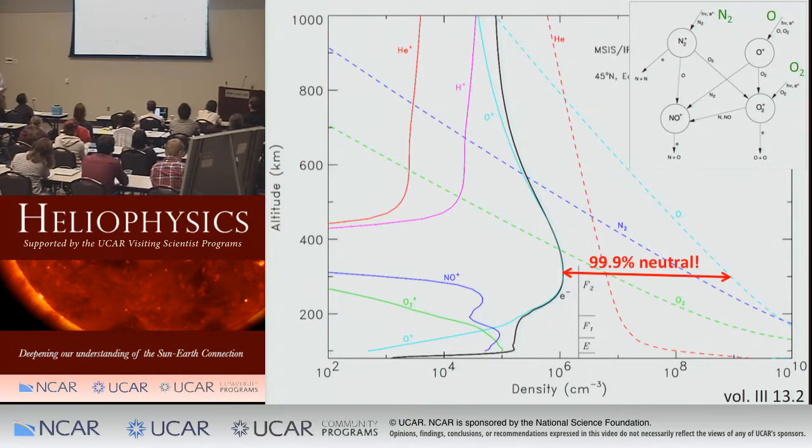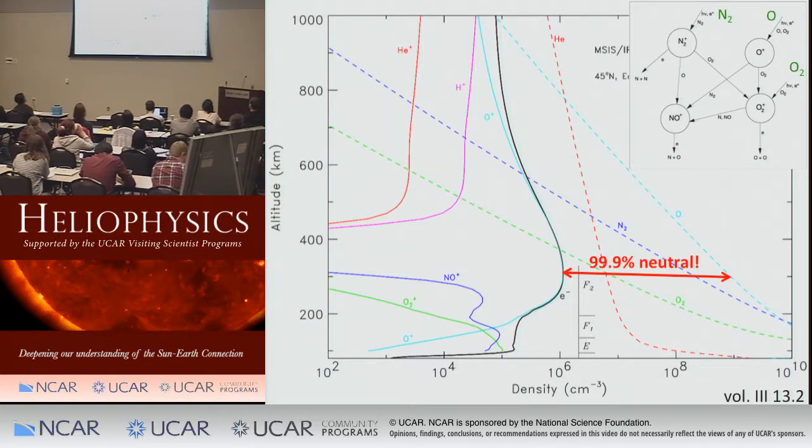Well, we have neutral things, I should call them, because helium really isn't a molecule, but it's neutral helium. N2, O, O2, right? So this is, again, all above 100 kilometers. And their density's all falling off. I assume that the density of scatters falls off exponentially.